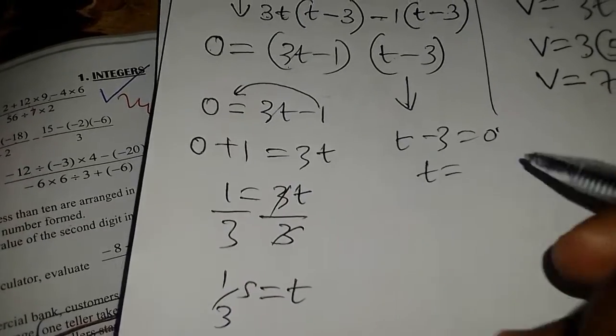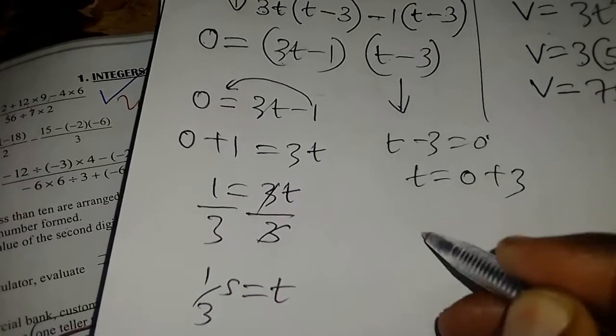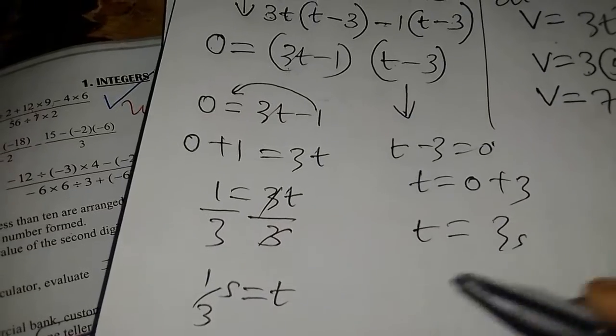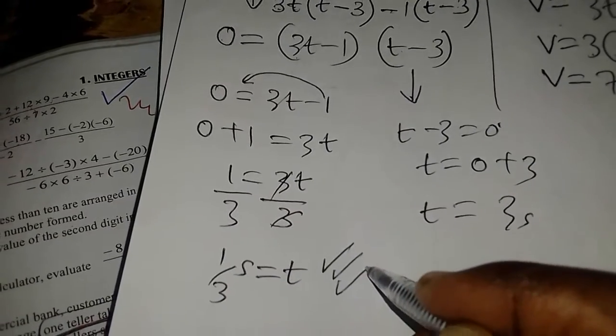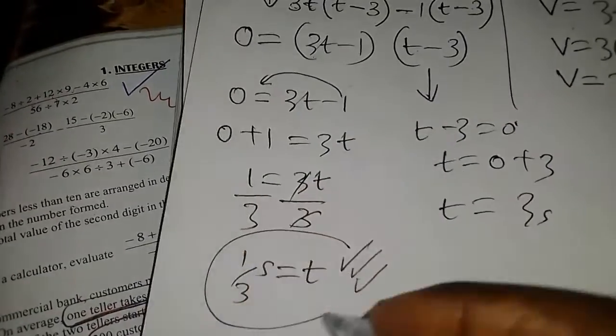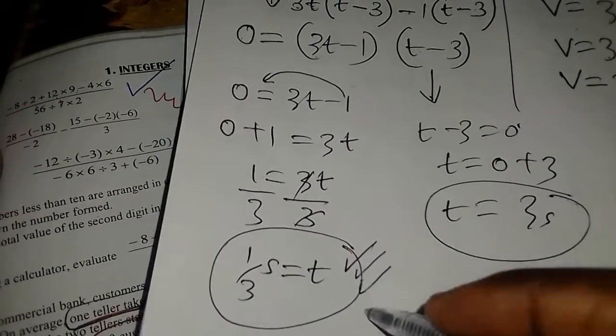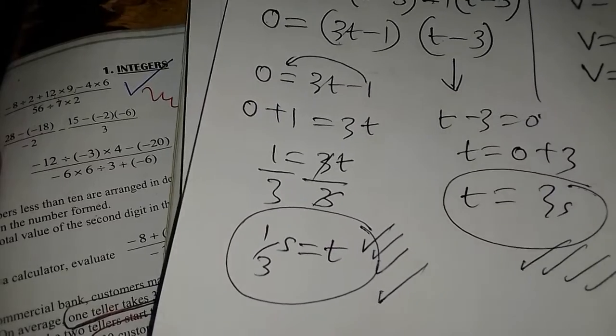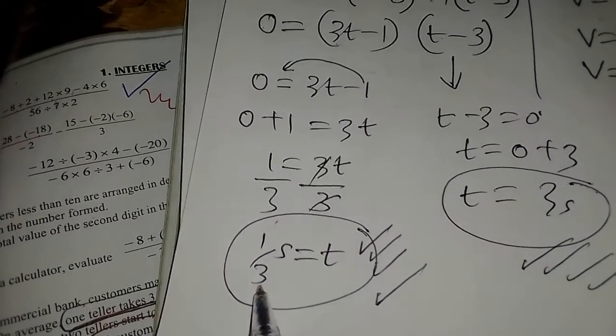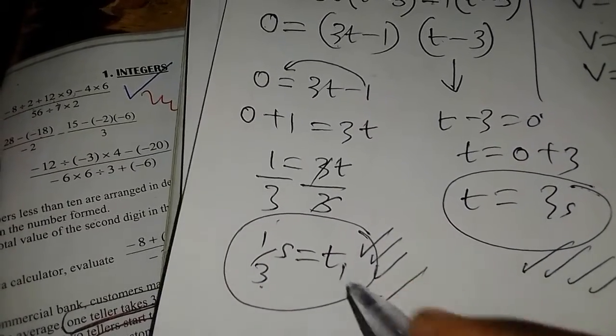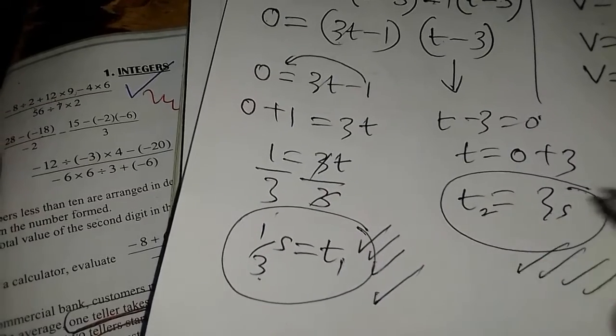So t is equal to 0 plus 3. So time is equal to 3 seconds. So when the particle is at rest, the time can be either a third of a second or 3 seconds. Great. A third of a second is time 1, 3 seconds is time 2.